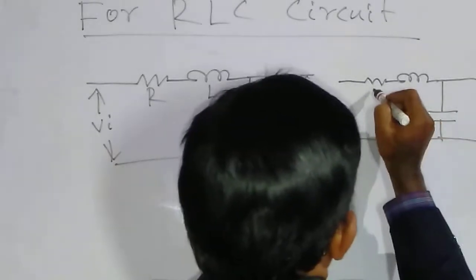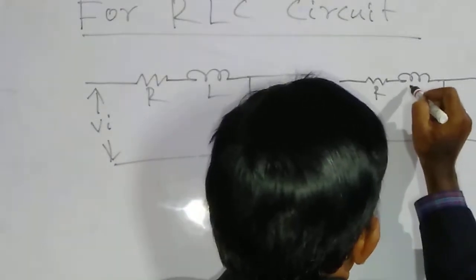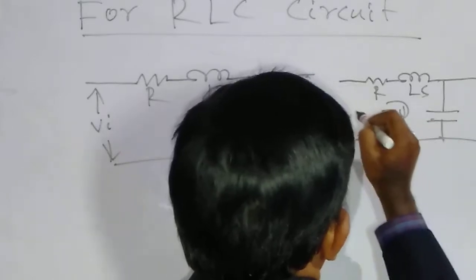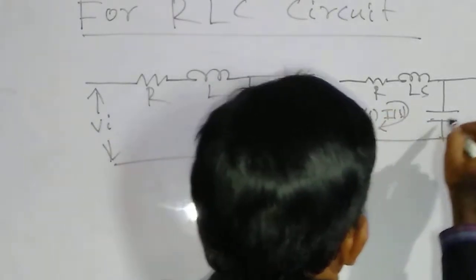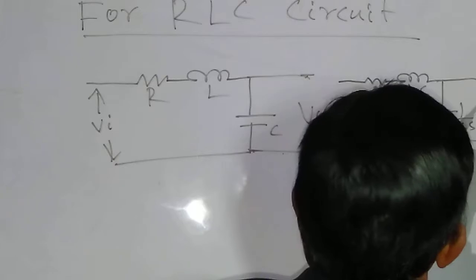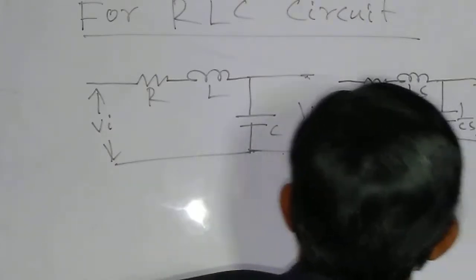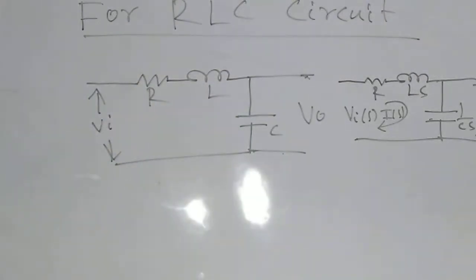So again we have to draw this circuit. This is R, Ls, I of s, Vi of s, 1 by Cs. So V naught of s. So now first we can find out the branch current here.